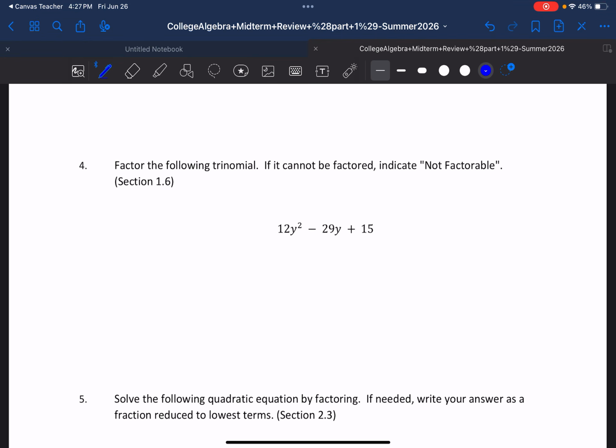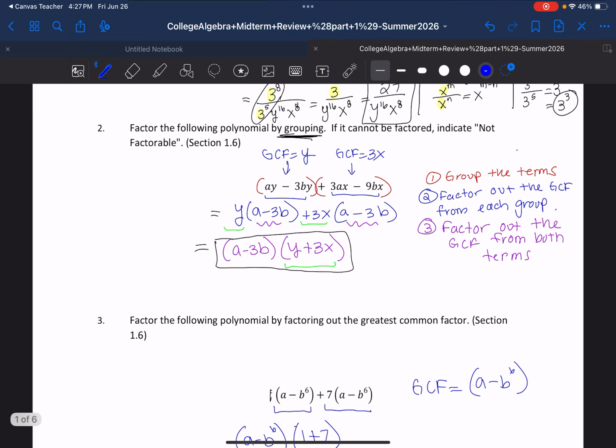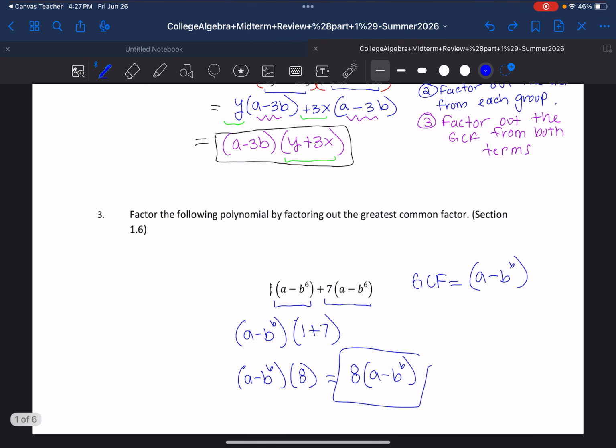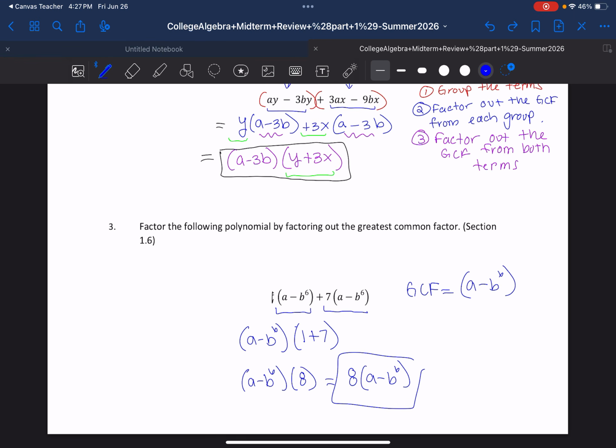Okay, number 4 says to factor the following trinomial. If it cannot be factored, indicate not factorable. So far, this one told us to do factoring by grouping. The other one was just factoring out a GCF, which you can always try to do with any expression.